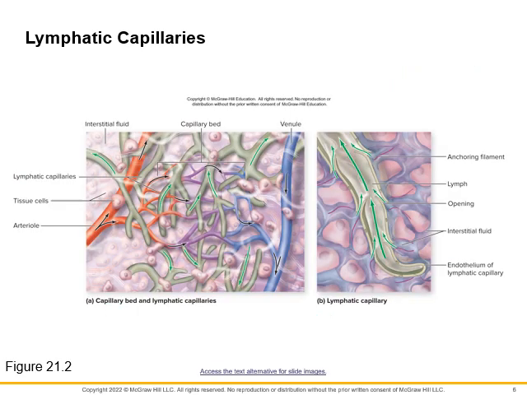I think this is a really nice image showing you how interwoven these lymphatic capillaries are into the capillary bed. So we can see over here, we've got our arterial side, we've got our venule side, and we see our capillary bed. And then you see the lymphatic capillaries are kind of intertwined here. And this is what we meant by a gap.